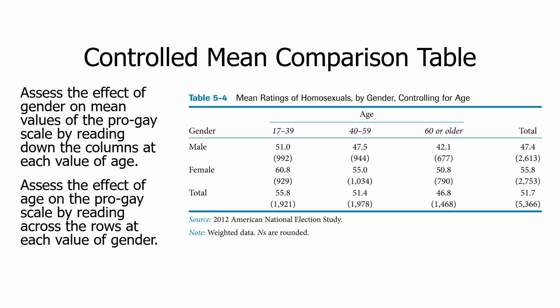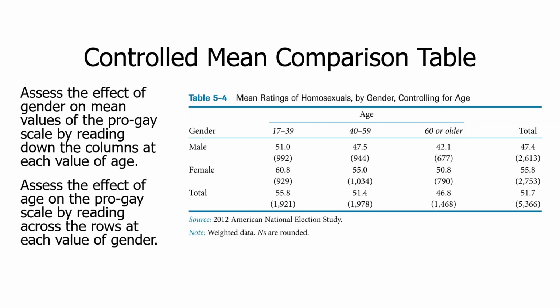So for males, we would assess the effect of age by comparing 51 to 47.5 to 42.1, and we could make some determination about, over the full range of the control variable, what happens to mean values of the dependent variable. Is there an effect of gender among the youngest cohort? Well, yes.